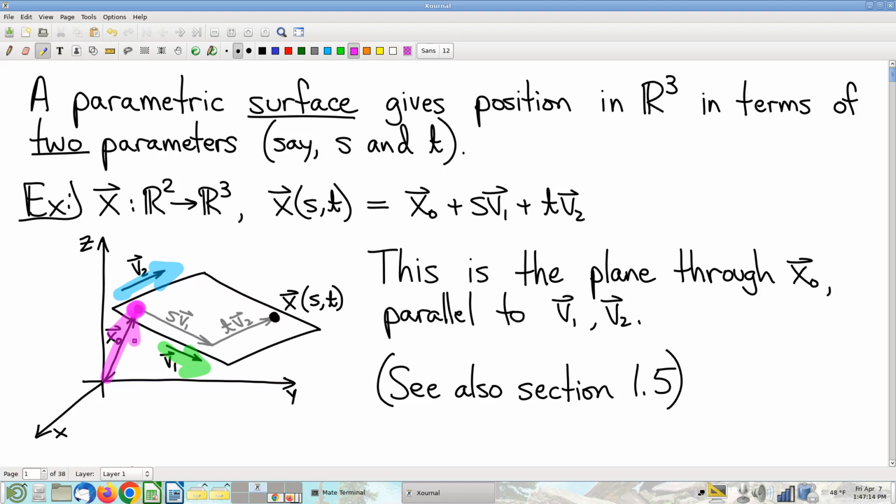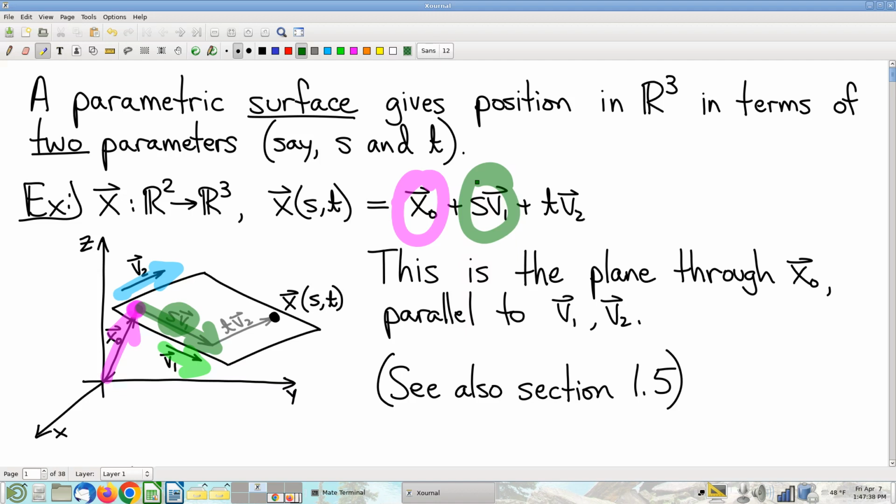Okay, well, starting with that point in the plane, notice that if you take a scalar multiple of that first direction vector, that too is parallel to the plane, which when you then add to your original point x naught, moving parallel to the plane keeps you still in the plane.